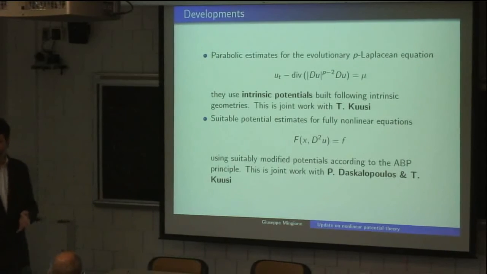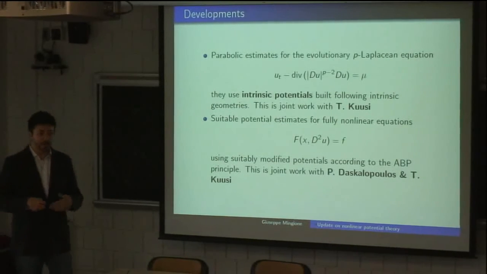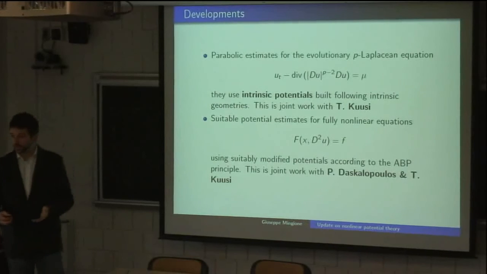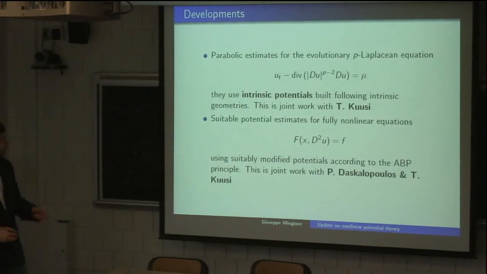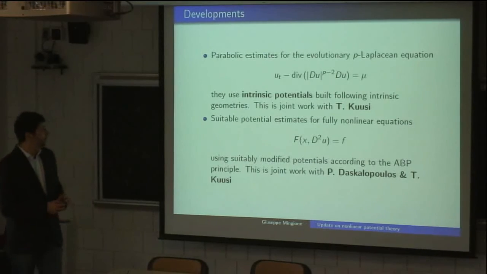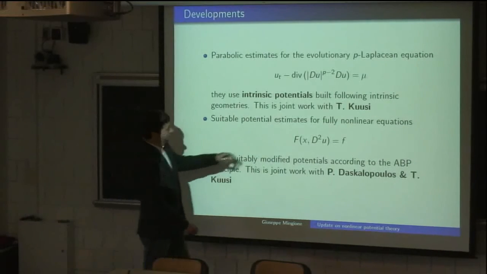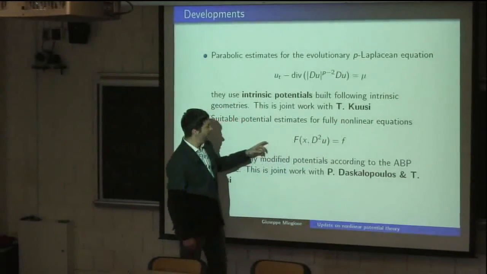But in parabolic problems, you have to link solutions and potentials using intrinsic geometry. This means that you have to consider intrinsic potentials, but then if you do, you are coupling once again potentials and solutions. So there's a way to decouple, and that's what we did with Tuomo, who is here.